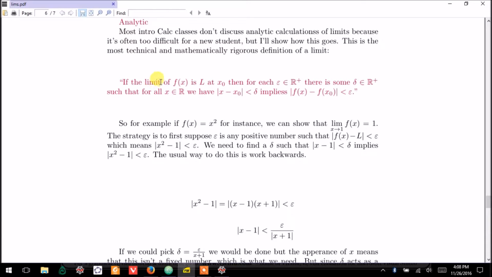We define the limit of f is L at x naught. That's what we are trying to define, this phrase. What does it mean?